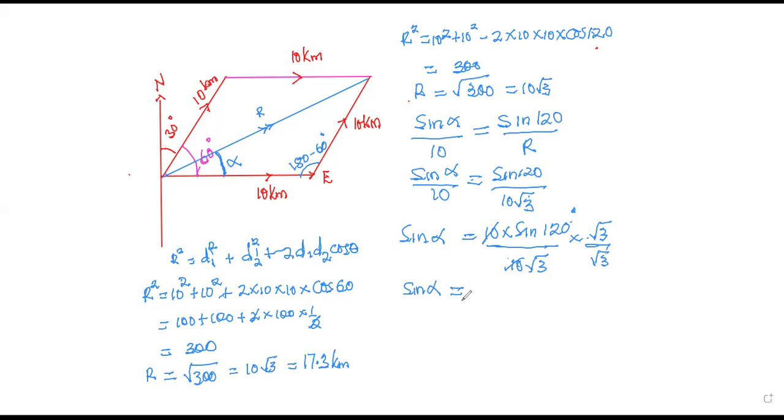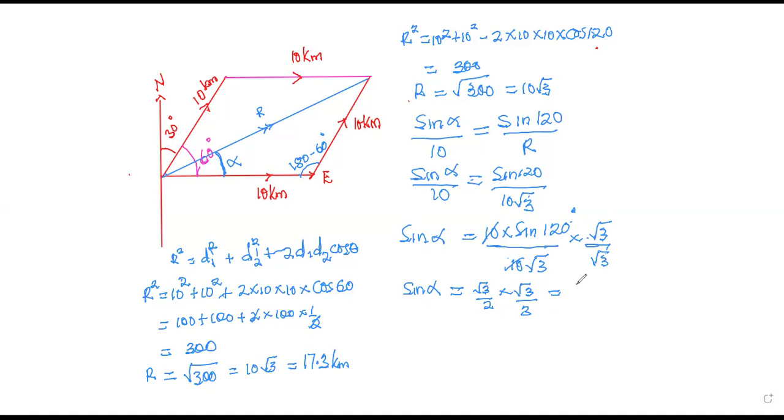All right. Sine 120 is equal to sine 60, and sine 120 is root 3 on 2. Root 3 on 2 times root 3, divided by root 3 times root 3, which is 3. Please, here it's just a calculation thing. Don't worry about what I'm doing. I am using this because I'm not using a calculator.